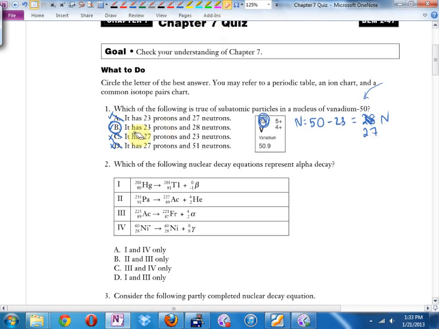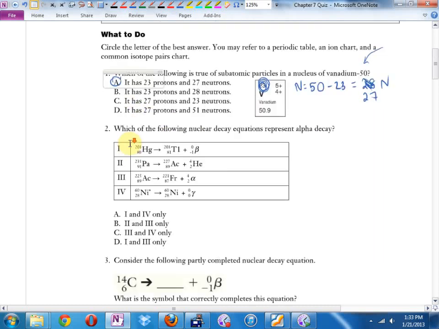So the correct answer is not B. The correct answer is A. That's the difference between what's on your chart, the pink sheet, which gives you the average masses, and if I give you a specific isotope, if I give you an atom dash a number, use that number as your mass. I don't care what the pink sheet says. Okay? So doing that mistake on purpose reinforced what not to do, I hope.